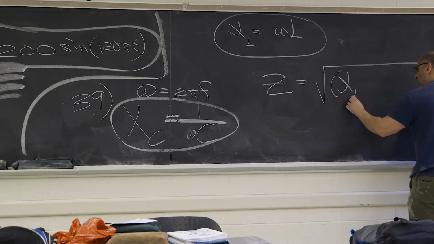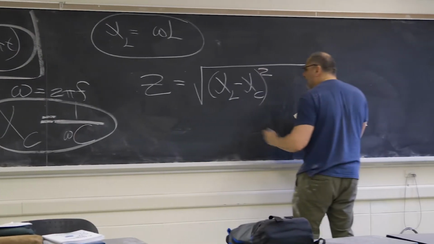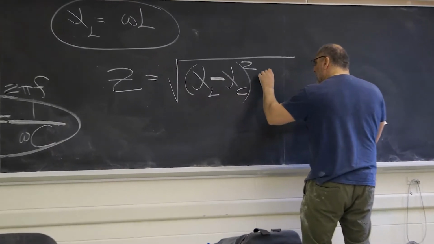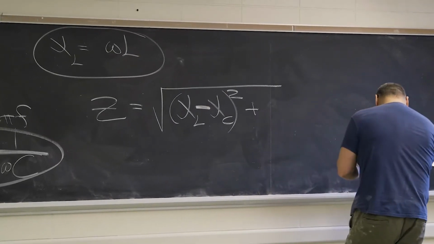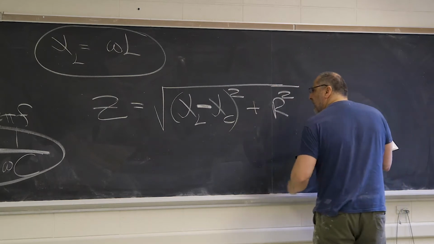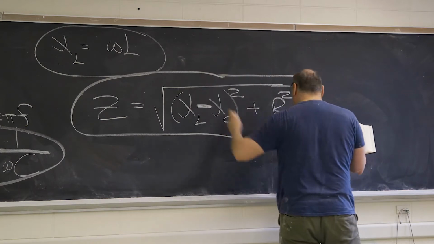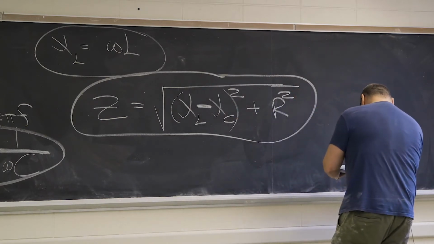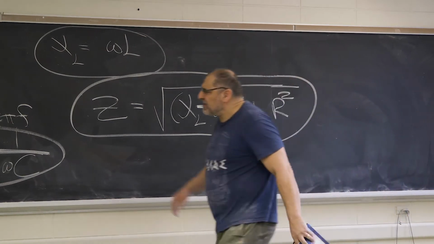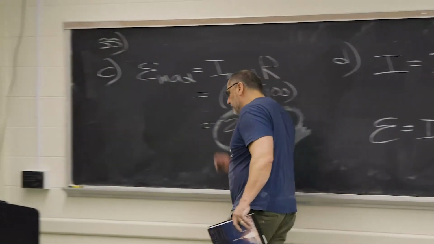Doesn't matter which one you put first, XL or XC, because one's positive, one's negative a lot of times, but you square it and you get the same answer. Some other equations will come into play as well, but let's see what we can say regarding what they're trying to tell us here.